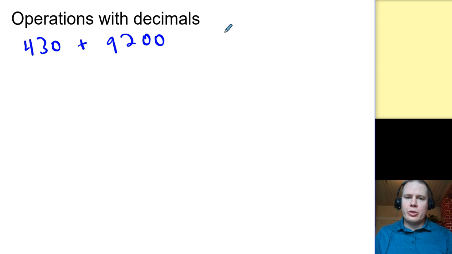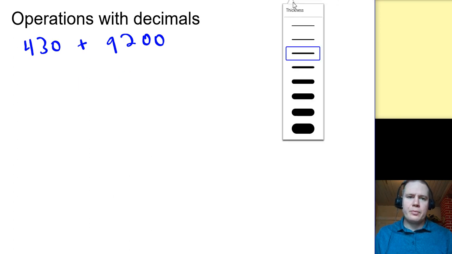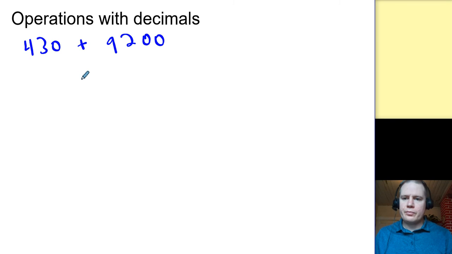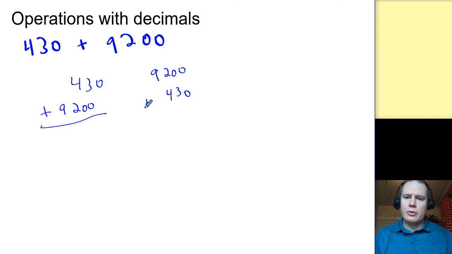We could line this up. It doesn't really matter which one is up top because addition is associative and commutative. I guess because it's commutative it doesn't matter which one's on top.